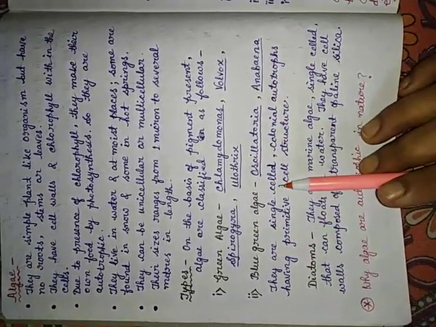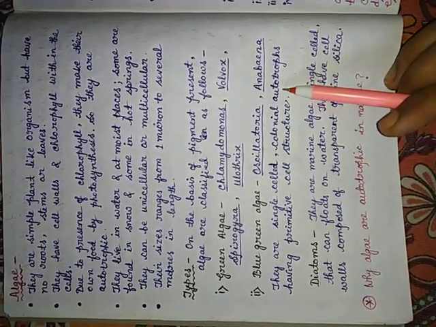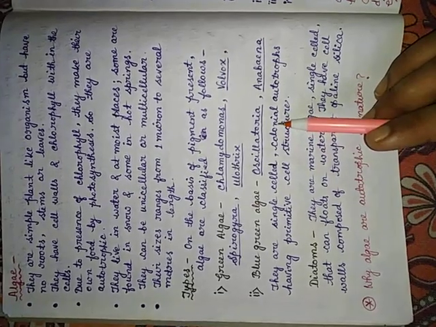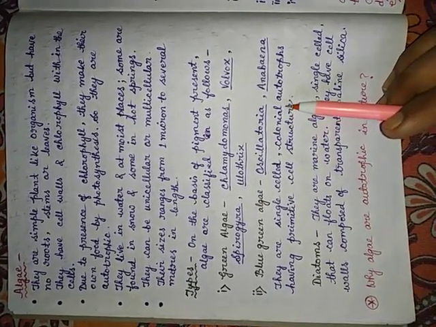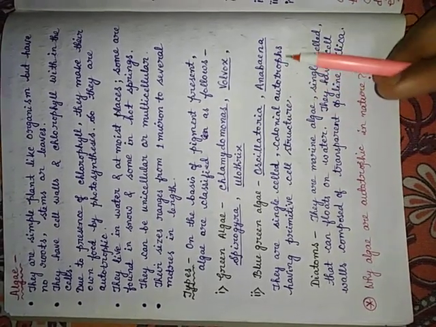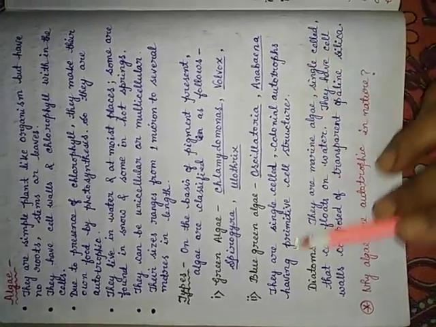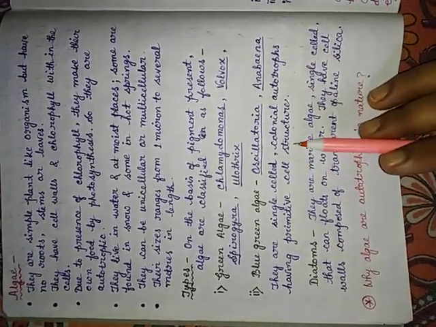Blue-green algae are mainly single cell or colonial autotrophs. Colonial means they live in a colony or in aggregated form, not individually. Autotrophs means, as we already know, they are able to produce their own food, having a primitive cell structure. Their cell structure is not so complex.